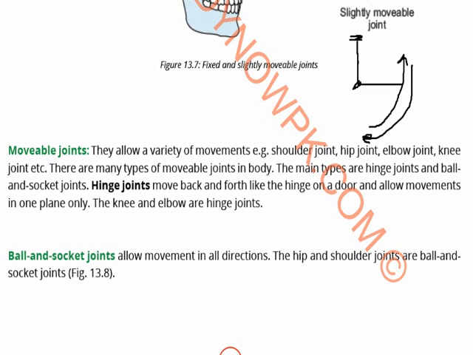Now, if they ask you about the difference between the hinge joint and the ball and socket joint, first of all you will say that the hinge joint moves back and forth like the hinge on a door, with one plane movement only. The examples are the knee and elbow. In the case of the ball and socket joints, movement is present in all directions, and the hip and shoulder joints are the examples.